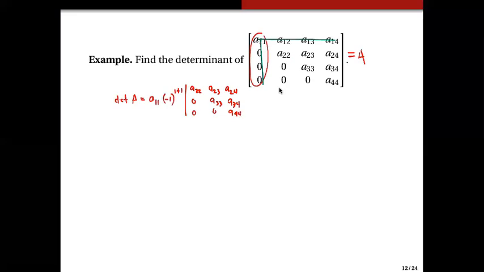Again, we don't have the formula for this 3 by 3 matrix yet, so we look at this determinant and find it using cofactor expansion.